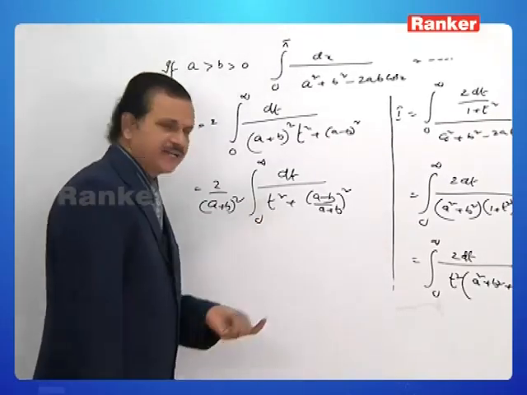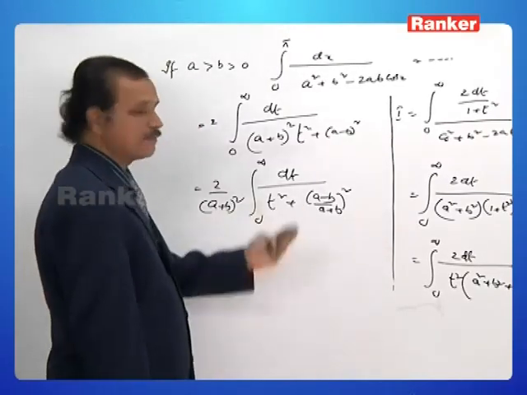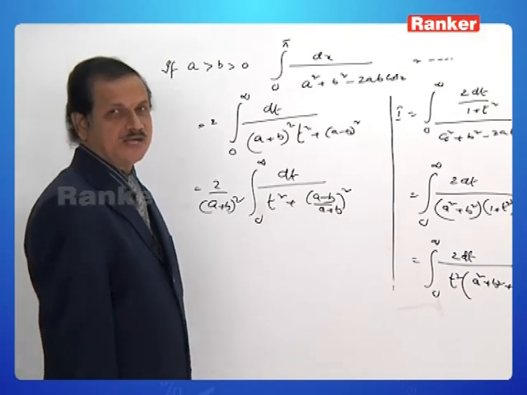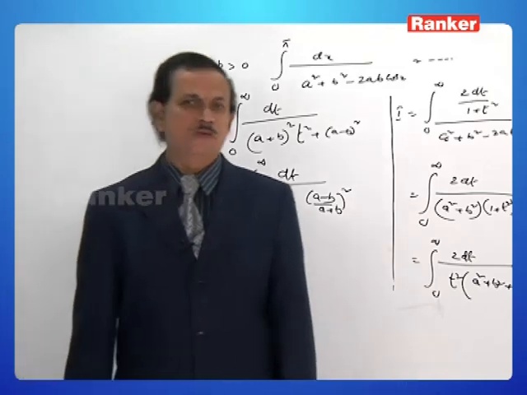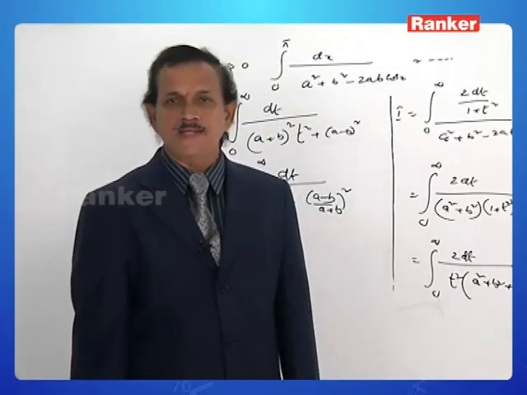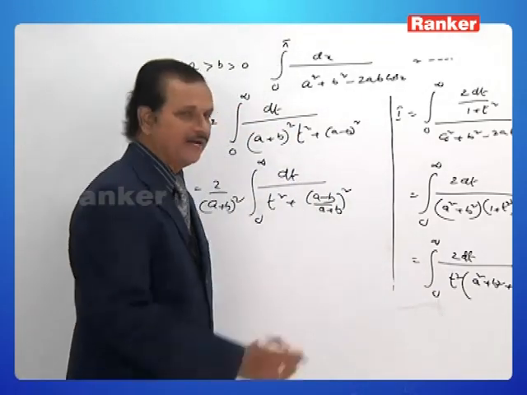And this looks like 1 by x square plus a square, isn't it? What is the formula for the integral of that, 1 by x square plus a square? It is 1 by a tan inverse x by a.